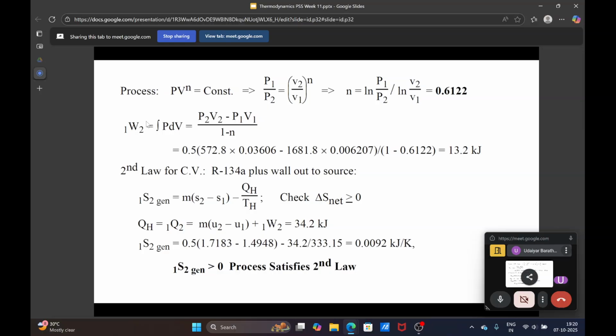Because we know the internal energies, the only unknown is the heat. So we can find out work done for a polytropic process. So expansion work is the integral P dV. So we get P2 V2 minus P1 V1 divided by 1 minus n. So substituting, we get work done to be 13.2 kilojoules.